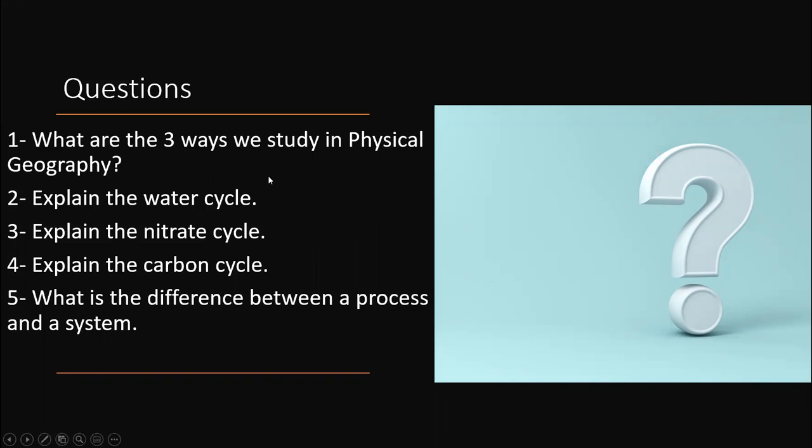If you can explain it, you're good. What is the difference between a process and a system? There you go. Those are the questions. Again, you can always stop the video and go back and watch the videos that are linked there. So be sure to do that.